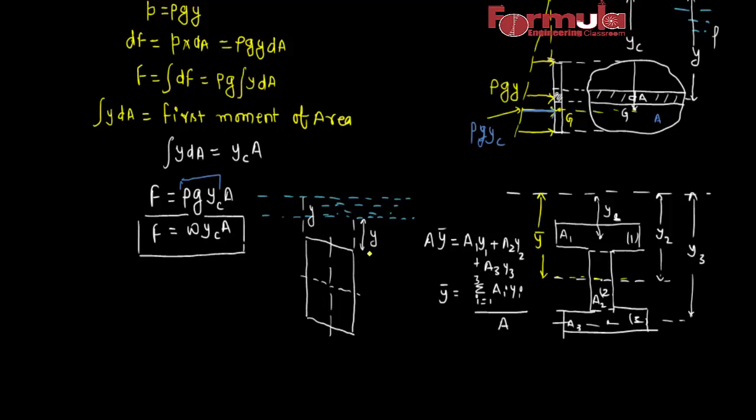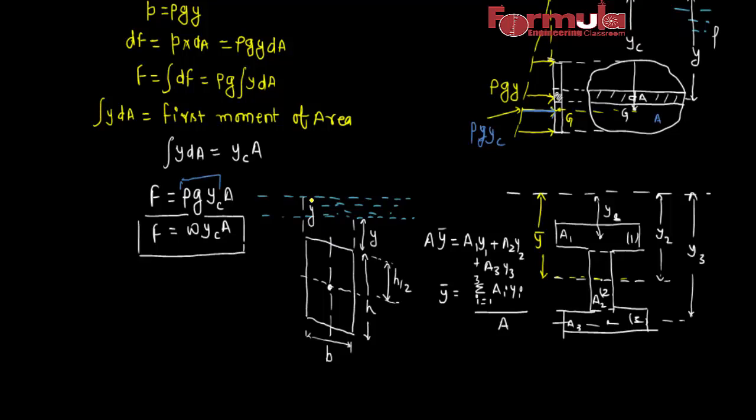Now let the height of this plane surface be h, and let the width be b. We know this is the center of gravity of this rectangular surface, and from the top edge this value is h by 2.